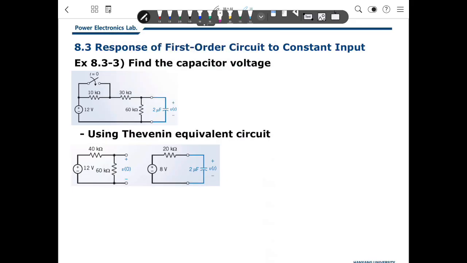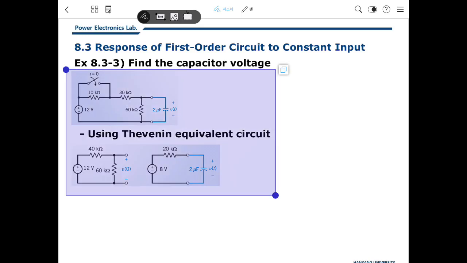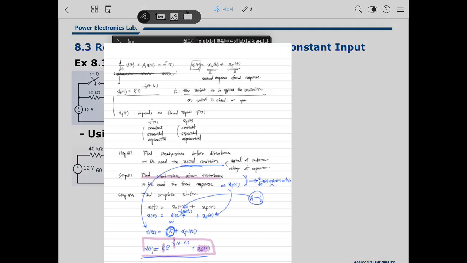There will be an example to find the capacitor voltage in the circuit here. We'll copy the example here and use it.